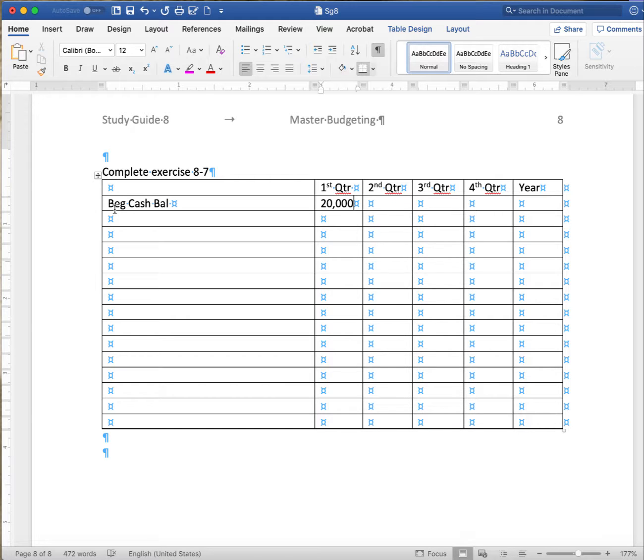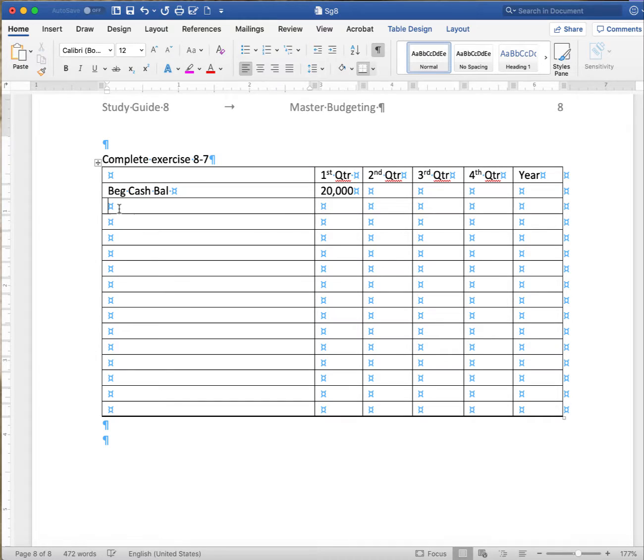So we're going to plug that in. Okay. To that, we are going to add total cash receipts. Total cash receipts would come from our Schedule 1, that expected cash collections, right? That exercise 1 that we did.